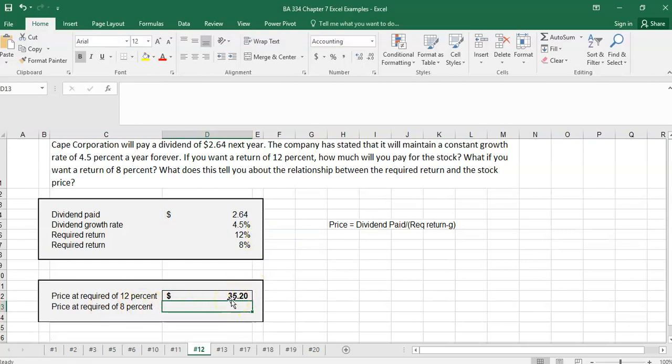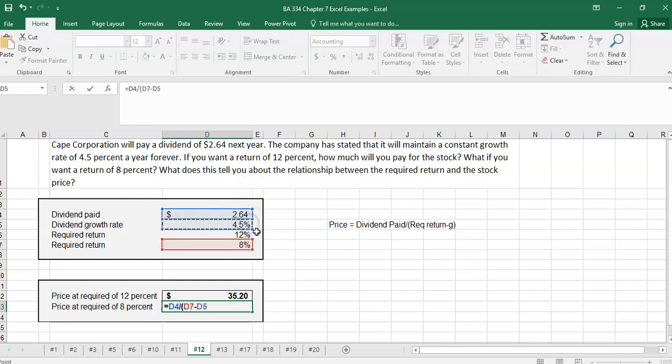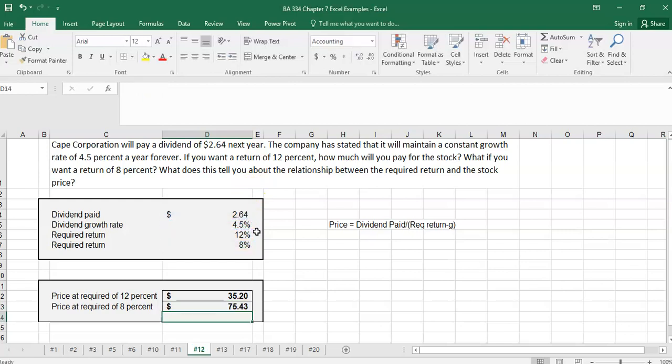At a required rate of return of 8%, we have the dividend paid divided by the required rate of return of 8% minus the dividend growth rate. So at a required return of 8%, the price today is $75.43, and at 12%, it's $35.20. A higher required return means that the stock will sell for a lower price.